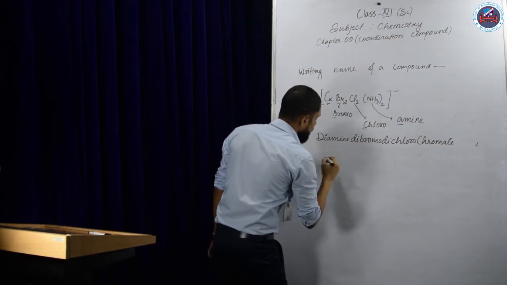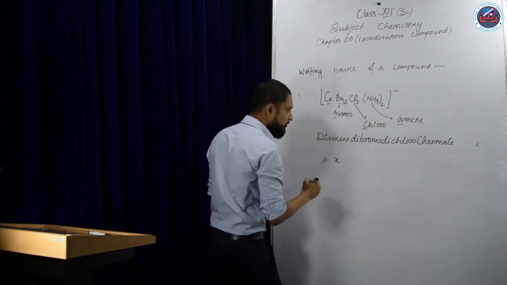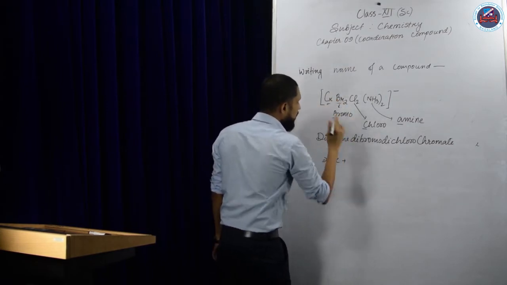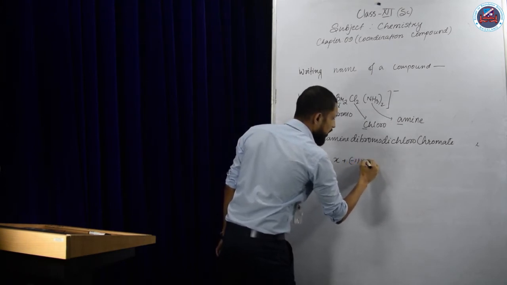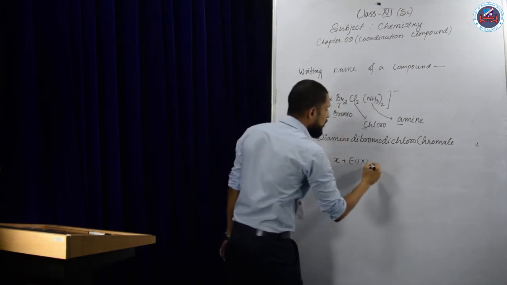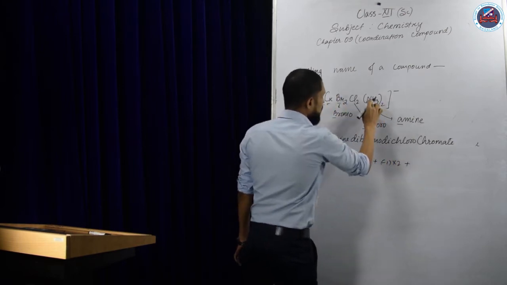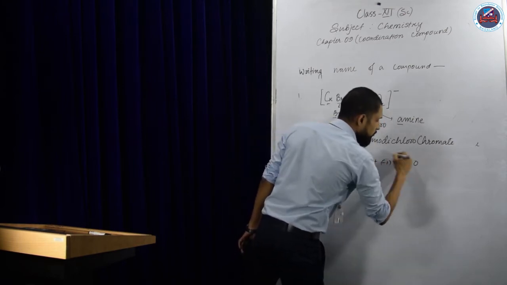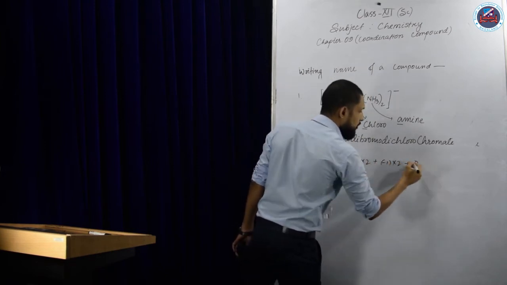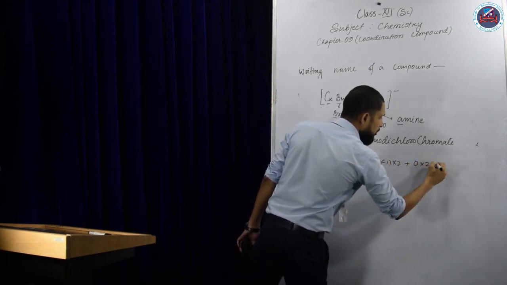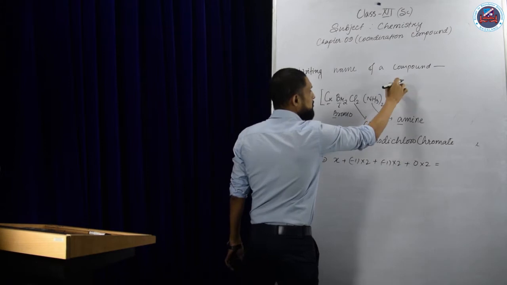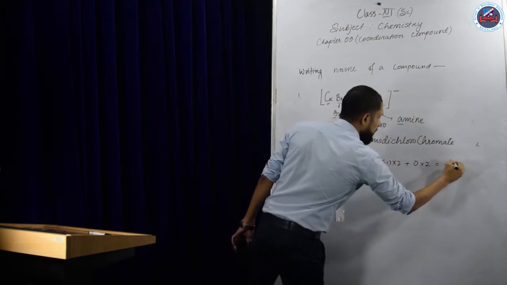Let the oxidation number of chromium be X, plus Br is -1 multiplied by 2, since you have 2 Br, plus Cl is -1 multiplied by 2, plus NH3 is a neutral ligand, so the charge carried by a neutral ligand is 0, multiplied by 2, is equal to the charge of the complex, that is -1.